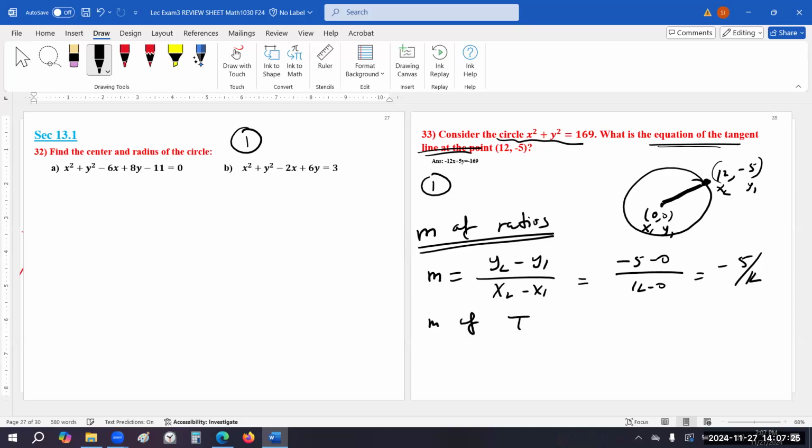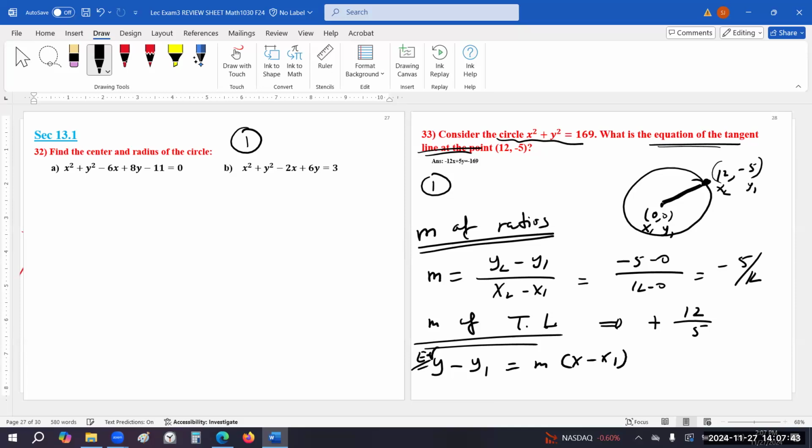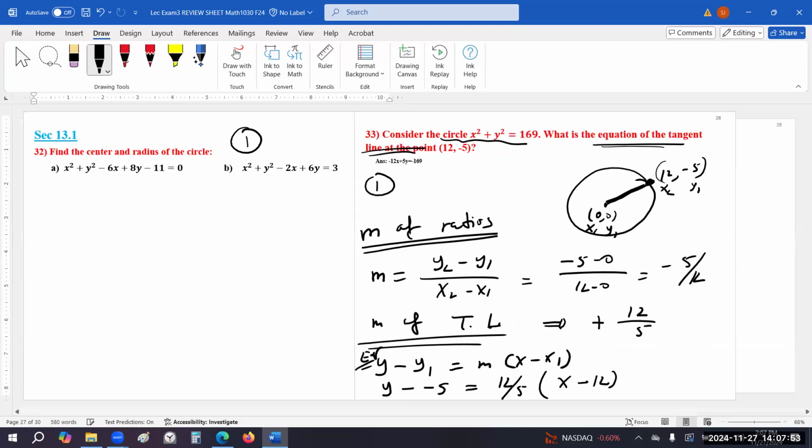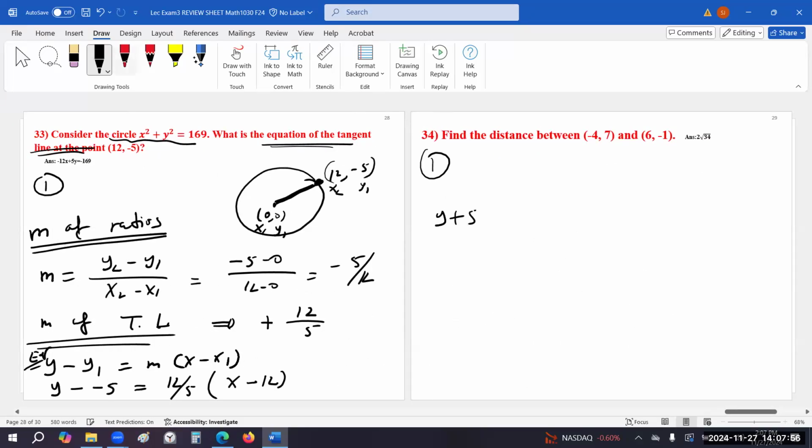So the slope of the tangent line is the other way around, positive 12 over 5. So the equation of the tangent line is y minus y1 equals slope times x minus x1. y minus negative 5, slope is 12 over 5, x minus 12. So we have y plus 5 is 12 over 5 x minus 144 over 5.